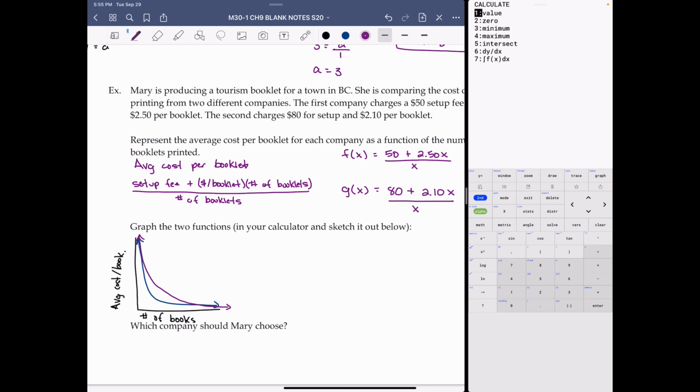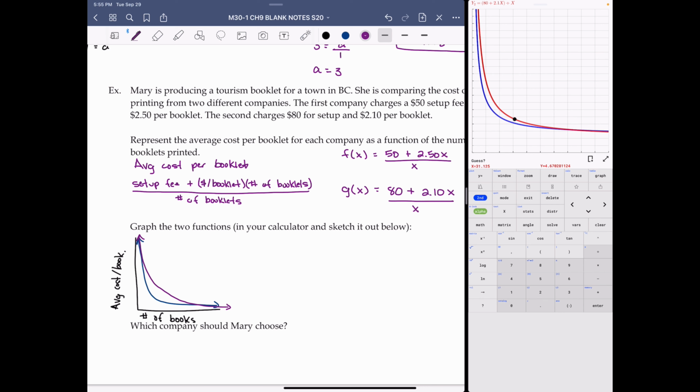Second trace, number 5, my dots on my first curve, hit enter, dots on my second curve, hit enter again. I really don't know why it does that. Graph, second trace, number 5 for the intersect. First curve. I am on my first curve. Hit enter. Second curve. I am on my second curve.